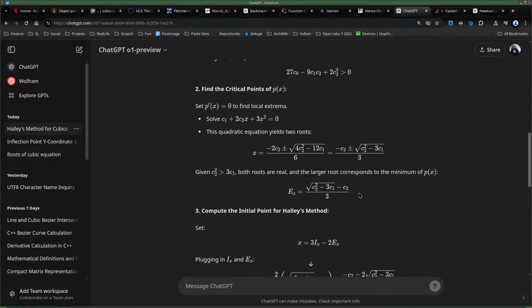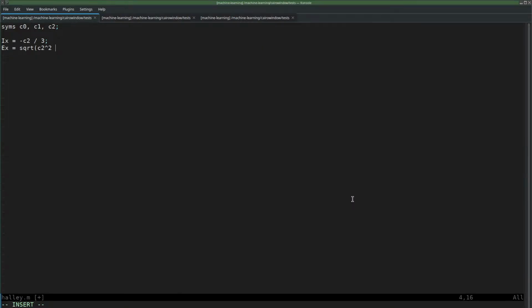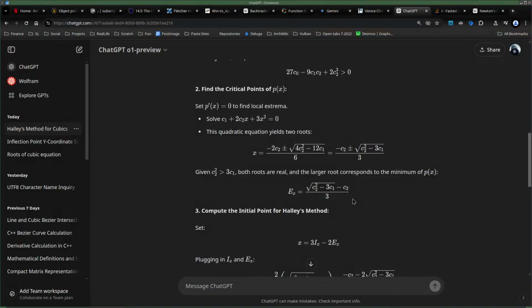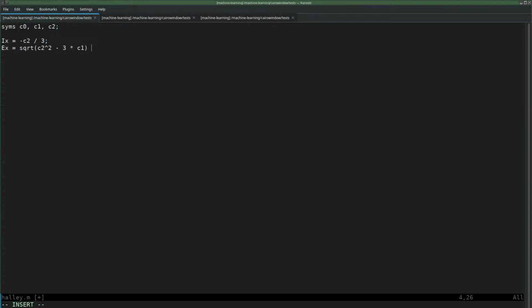C2 squared minus 3C1, and then minus C2, and then all divided by 3 again.